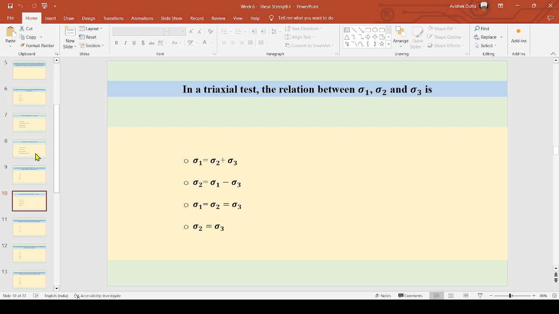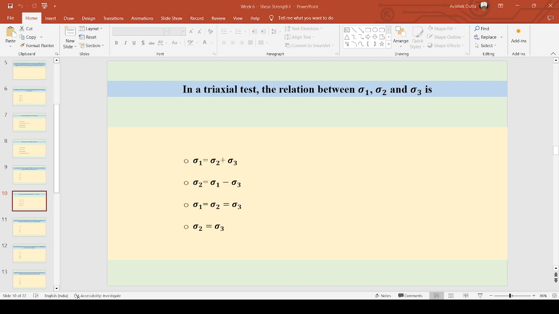In a triaxial test, the relation between sigma 1, sigma 2 and sigma 3 is. Now I first need to explain what sigma 1, sigma 2 and sigma 3 are. In a triaxial test, as we all know, there is an axial stress and a confining pressure surrounding the soil sample.